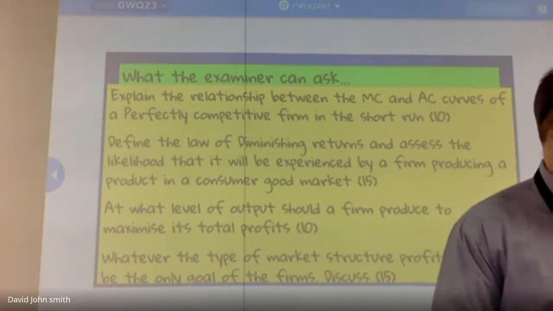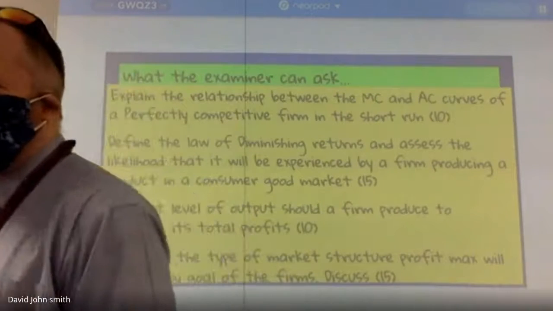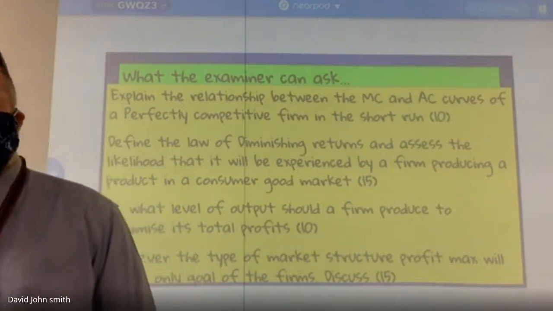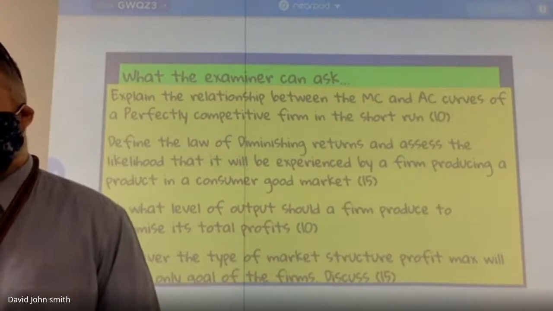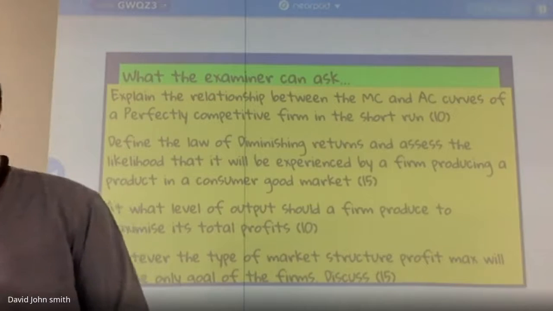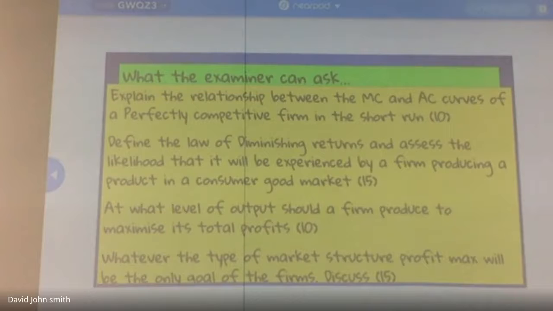For example, can they have a profit maximizing goal if they're making a loss? What do you think? So what would their goal possibly be? Their goal might be to break even, maybe. Maybe normal profit.